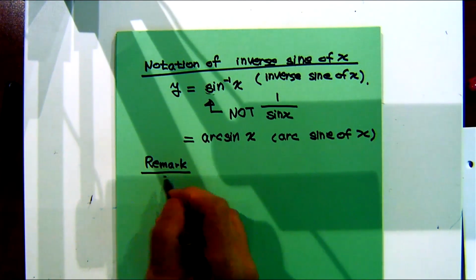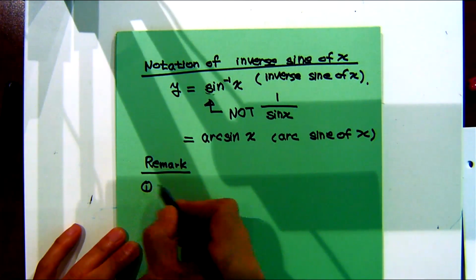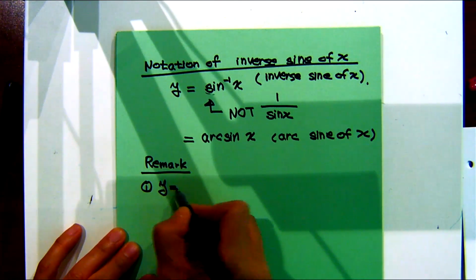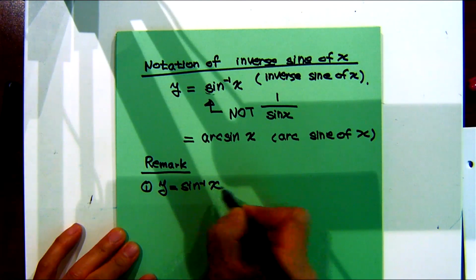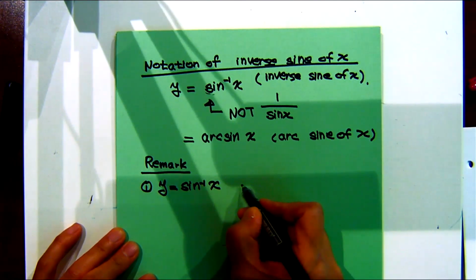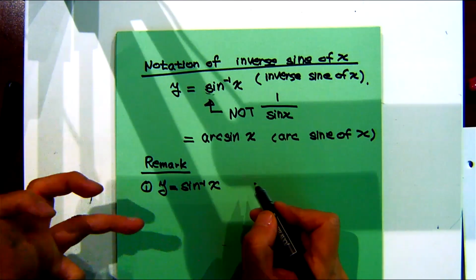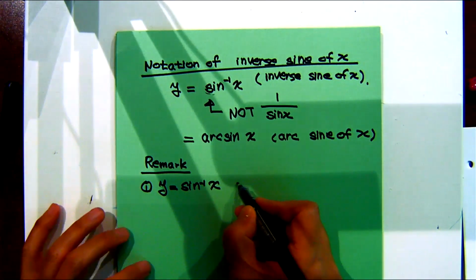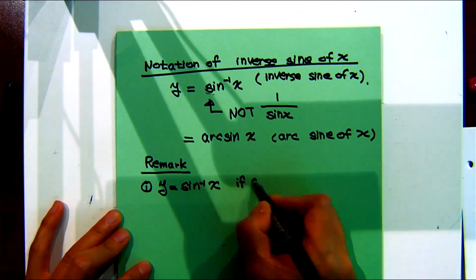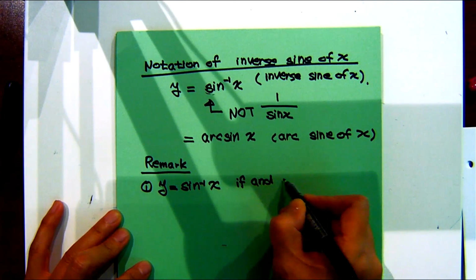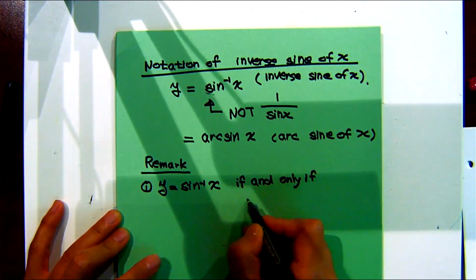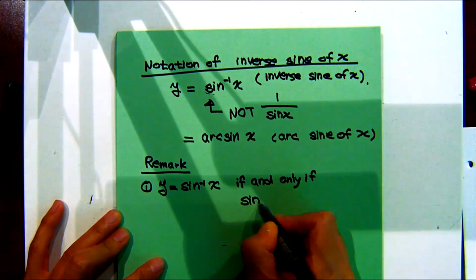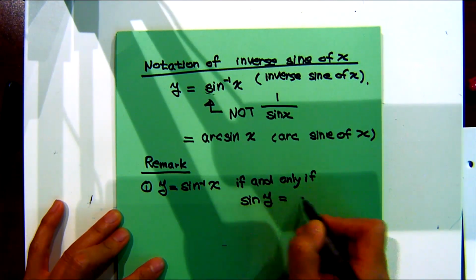We defined the inverse sine function. What does that mean? We switched the input and output. So when we denote y equals sine inverse of x, that means if and only if the sine value of y equals x.